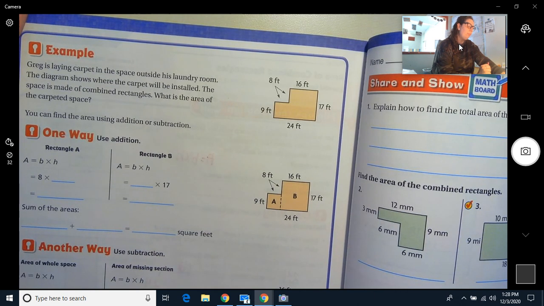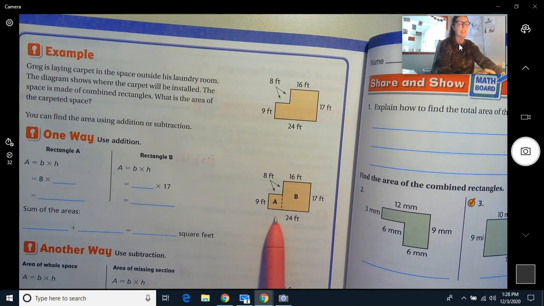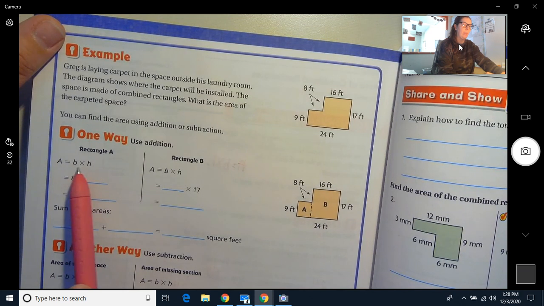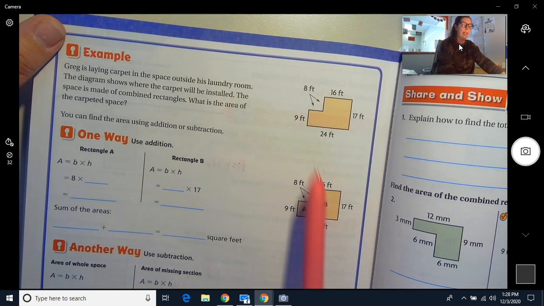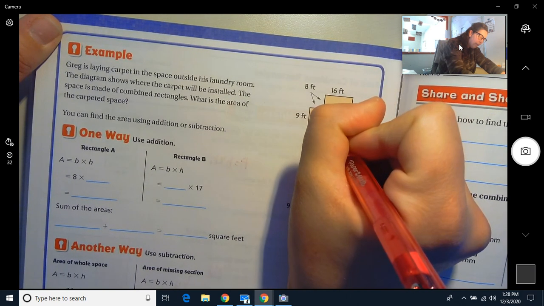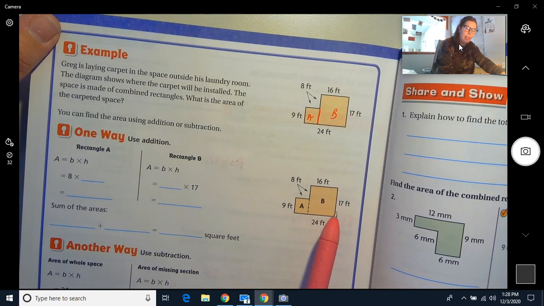Okay? So first thing we're going to do the one that requires addition. They broke it up here with our multiplication problem, base times height. Rectangle A, they've taken this and they just drew a little line right here. Labeled this A, labeled that B. That's what this is right here.